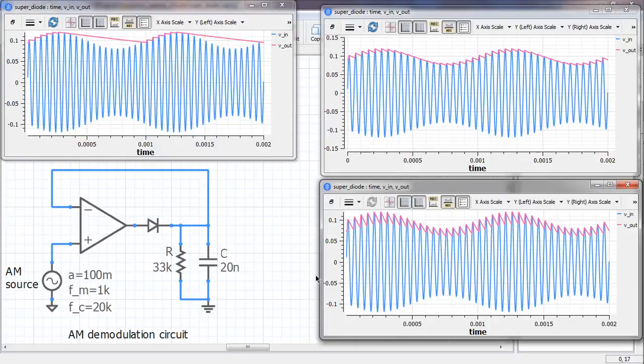For example, this plot corresponds to C equal to 5 nano. And in this case, the output does follow the envelope, but then the ripple voltage is a little too large, which again is not desirable. So that indicates that this RC time constant must be carefully selected, and that would depend on all of these parameters.